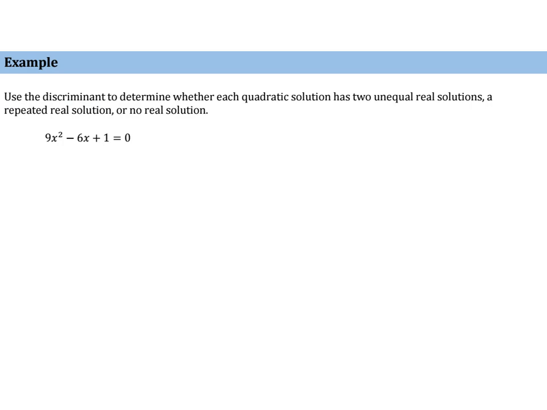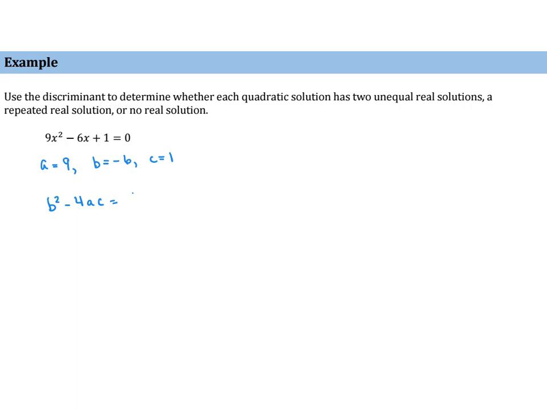Now, let's look at another example. Again, we are told to use the discriminant, so that means we don't have to solve. So we have a equals 9, b equals negative 6, and c equals 1. So our discriminant is b squared minus 4ac.